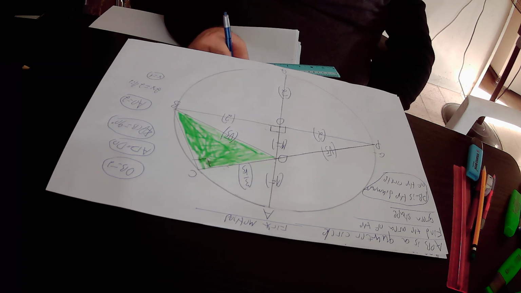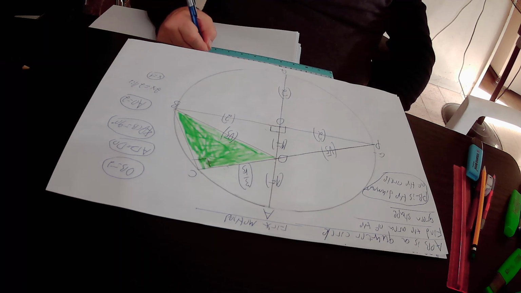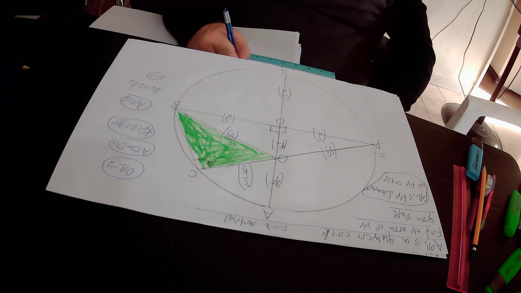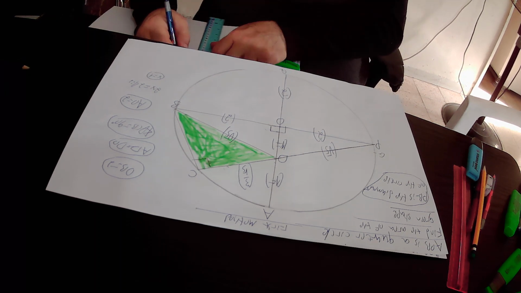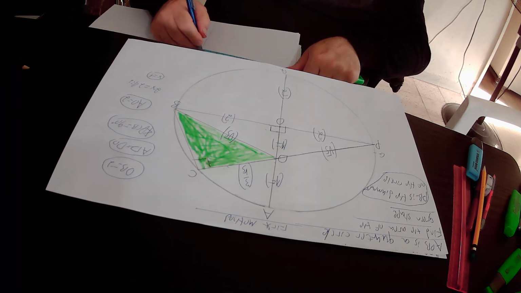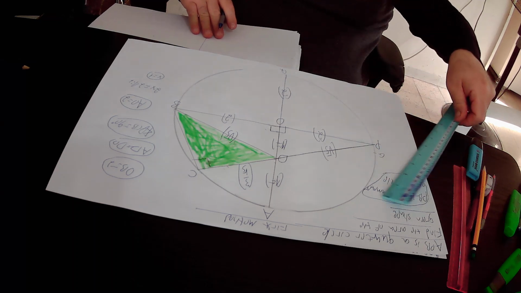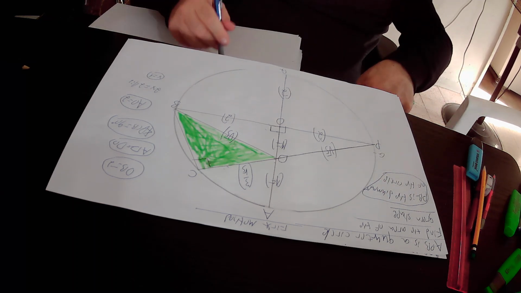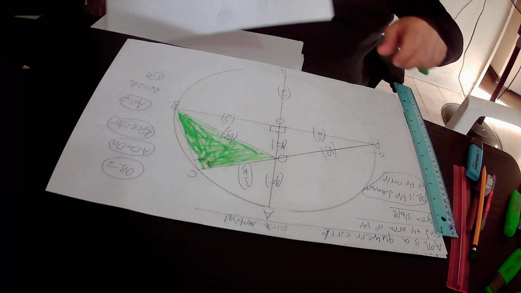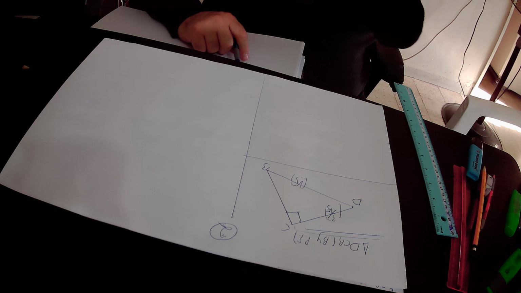Here PT is short for Pythagoras theorem. So actually, this is the right green triangle DCB according to the original drawing.